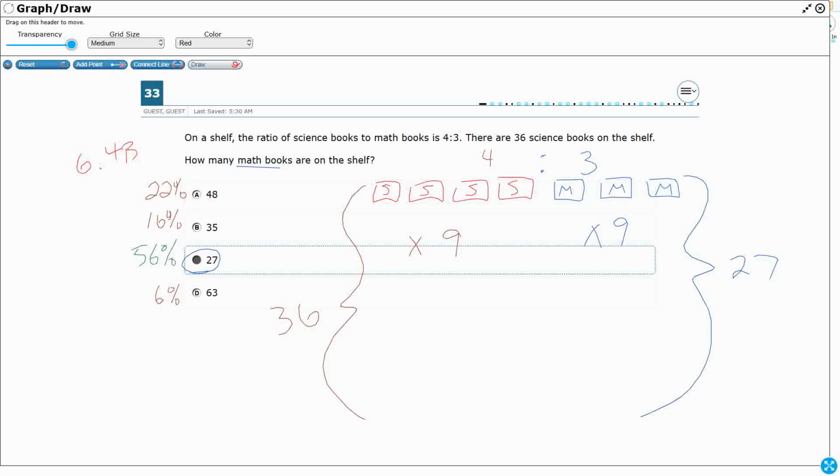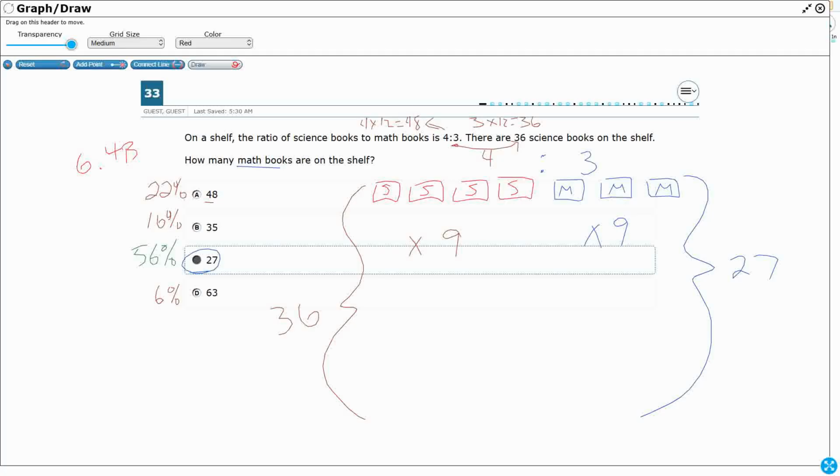So what we did here, right, on this 48, they multiplied 3 by 12. What they did is they tried to get this 3 to the 36. And they're thinking, okay, well, 3 times 12 equals 36, so therefore, 4 times 12 equals 48, which is correct.